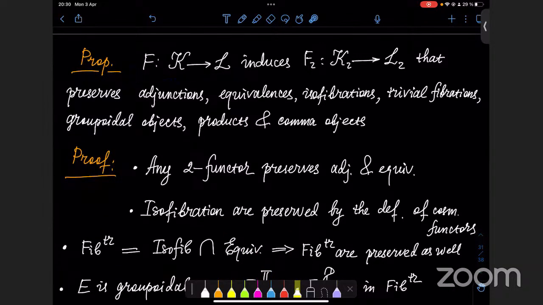Now, suppose that F between K and L is some cosmological functor.